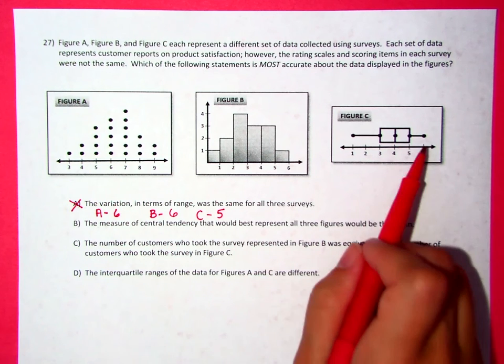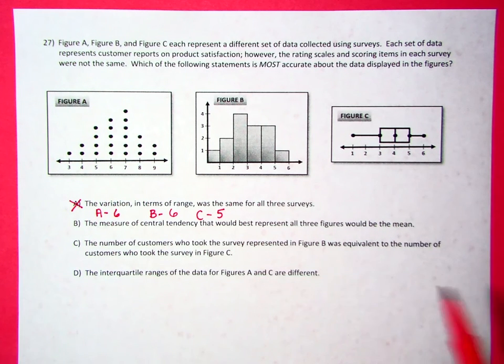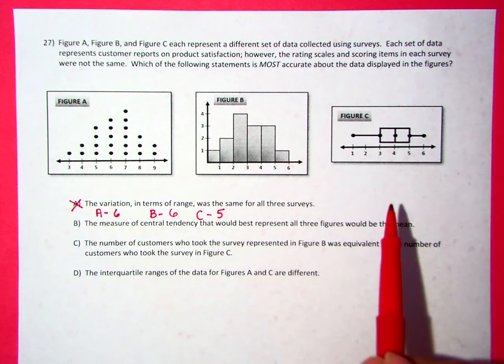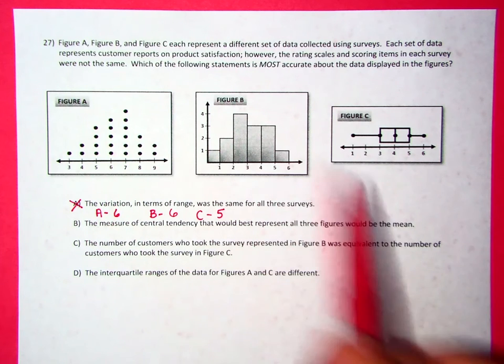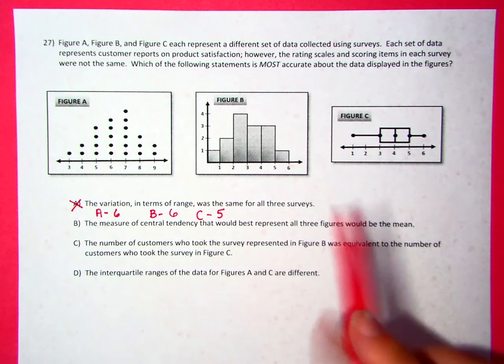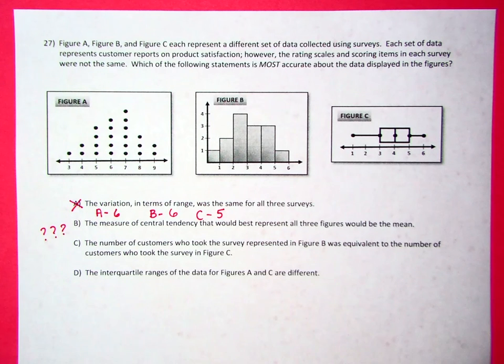An outlier would have been something like the number 27. That would have been way off the graph. But again, we really wouldn't know unless we had the original set of data. So based on this, it appears that the mean would be the best form to measure it because we don't seem to have any outliers. So right now, I'm going to put some question marks here to say, hey, is it this one? Or is there a better answer?